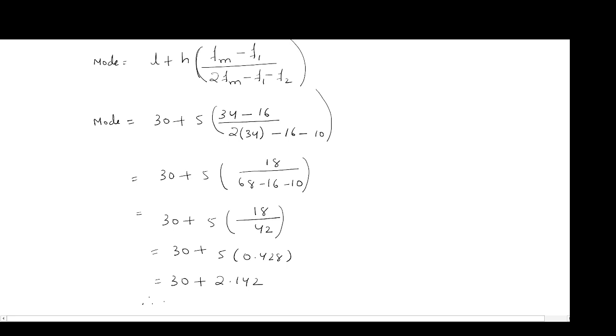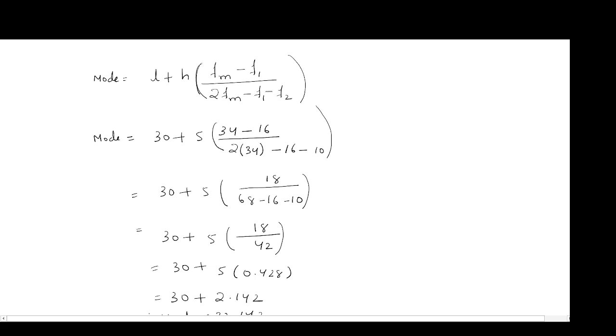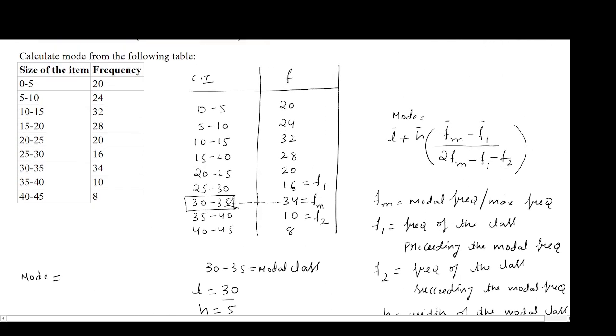Therefore mode is equal to 30 plus 2.142 is 32.142. So this is the value of mode. This is how mode should be calculated for case number 3, that is continuous series.